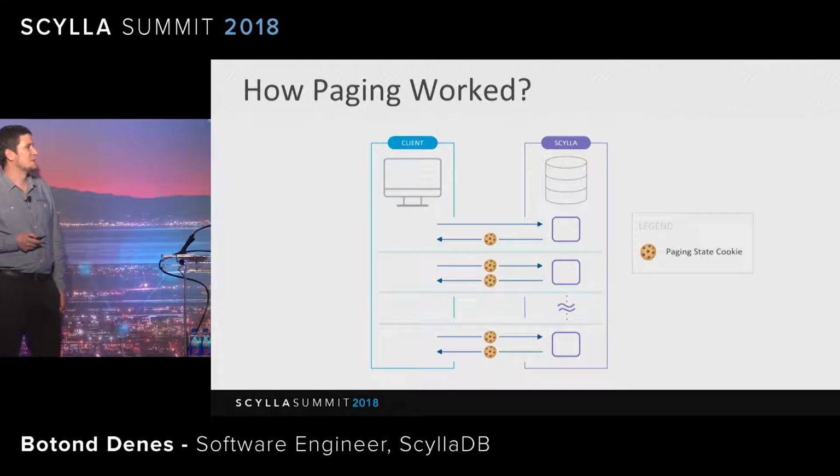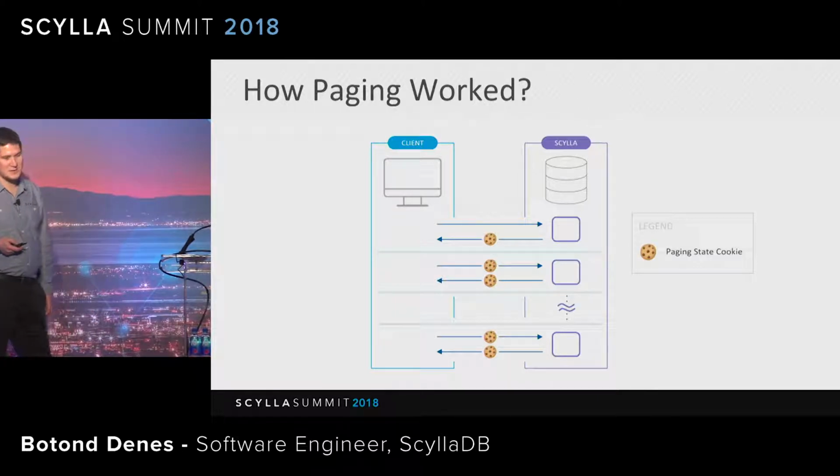This is implemented with the help of the paging state, which is a cookie that's sent along with each response to the client. And the client is expected to retransmit it on each page request. This cookie is an opaque binary blob as far as the client is concerned. It doesn't know about its content.